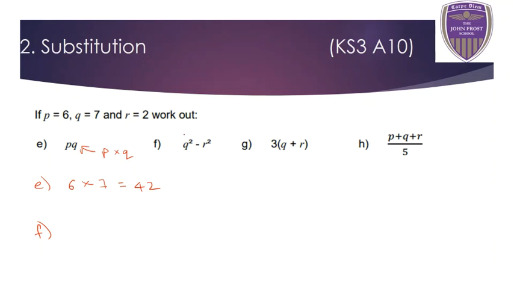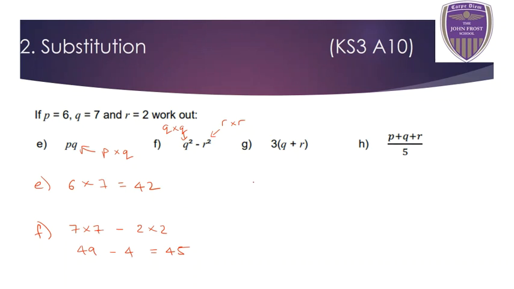So Q squared means Q multiplied by Q. And R squared means R multiplied by R. Okay, so if we substitute those numbers in now, Q is 7, so this becomes 7 times 7. And then if R is 2, that's 2 times 2, and we just subtract those answers from each other then. Okay, so 7 times 7 is 49, 2 times 2 is 4, so the answer is 45.